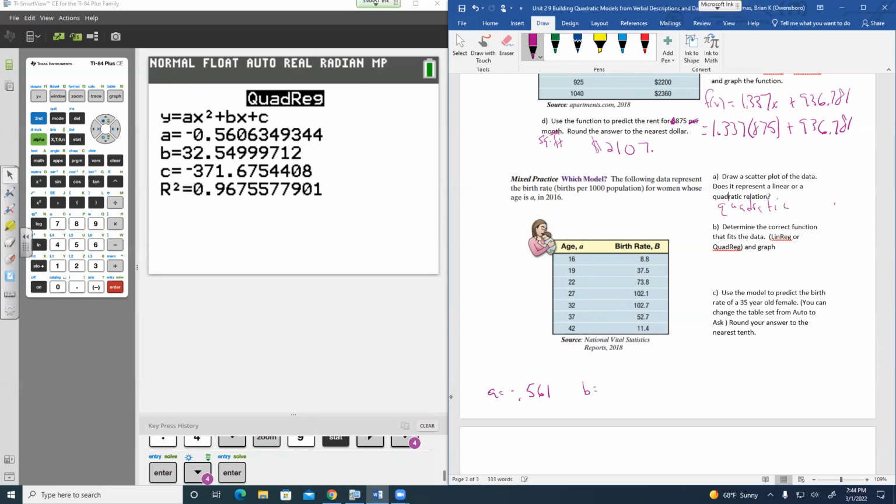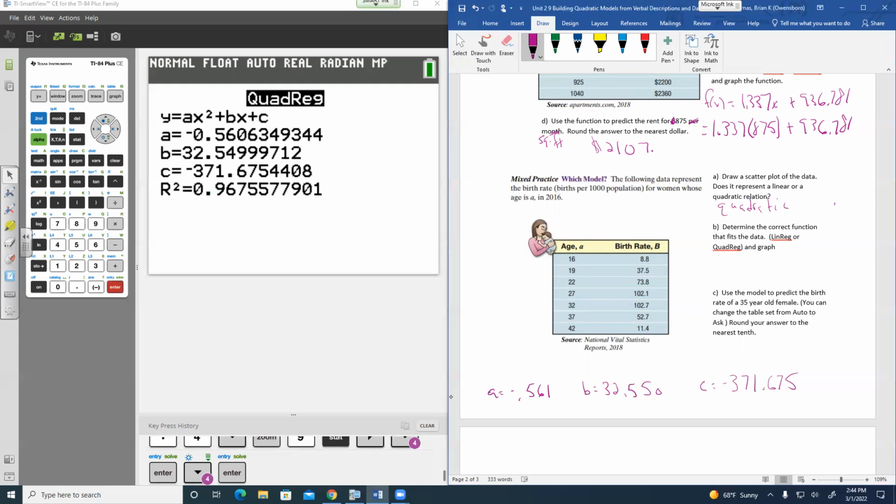B is going to be 32.550 if I round that to 3 decimal places. And C is going to be negative 371.675.